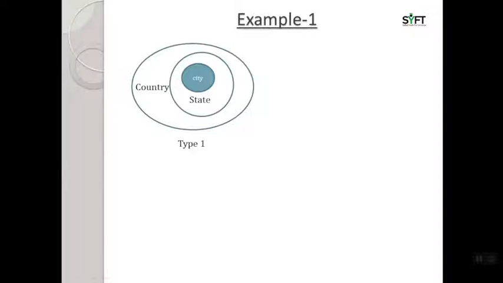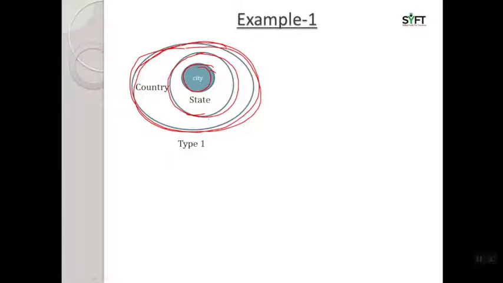The country is the superset. Inside the country, we have several states, and inside a state, we can have several cities. So city stays inside the state, and state resides inside the country. This is one type of relationship between city, state, and country.